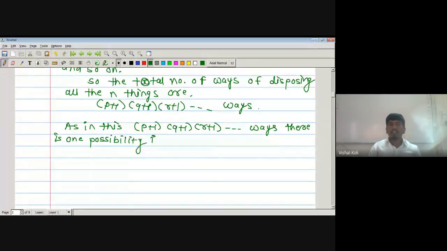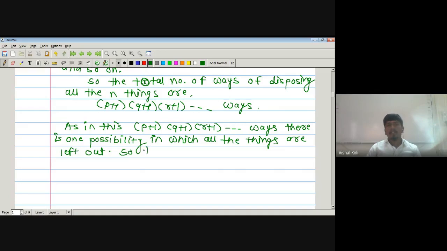But this is not possible since here we have to make the selection. As this is not possible, we have to remove that possibility.